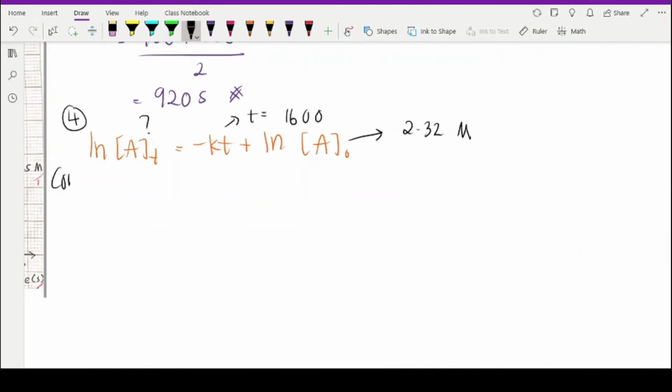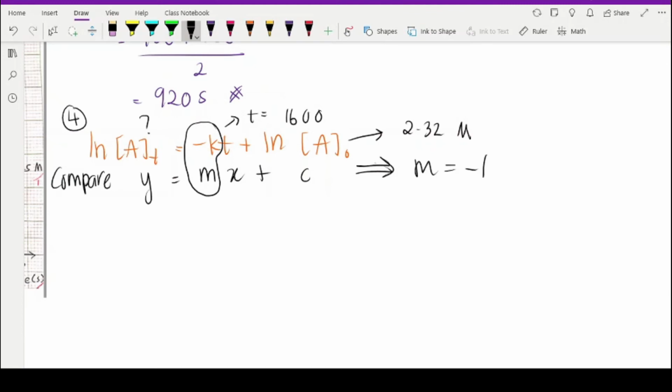So let's compare your integrated rate equation with y equal to mx plus c. We know that your gradient would be your negative k. So your m is equal to negative k. How to find m, which is your gradient, is by using this formula: y1 minus y2 over x1 minus x2.